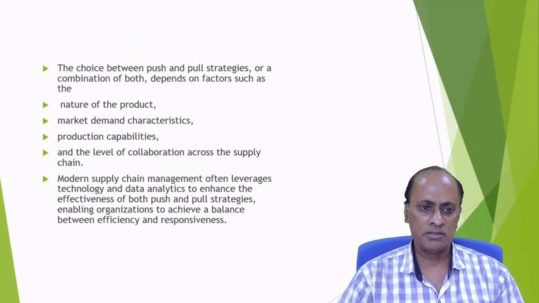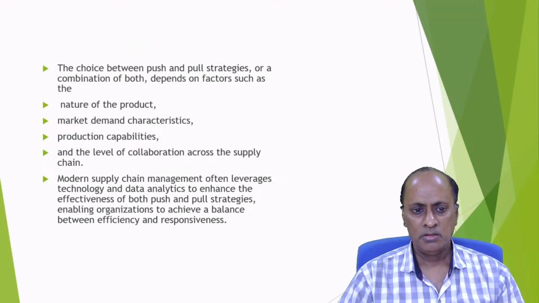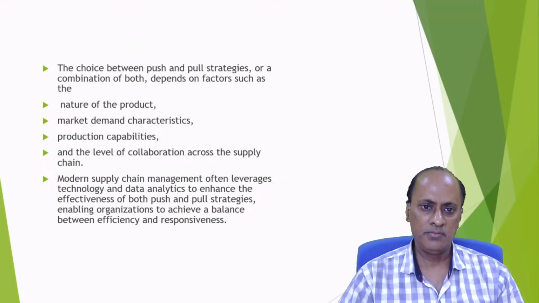Production capabilities: what the plant capacity is. And the level of collaboration across the supply chain. If the collaboration is good, then we can go for a pull strategy. If the collaboration and understanding is not good, we can go for a push strategy.